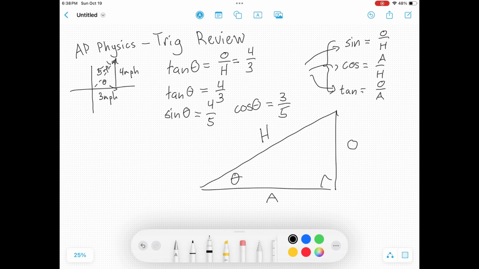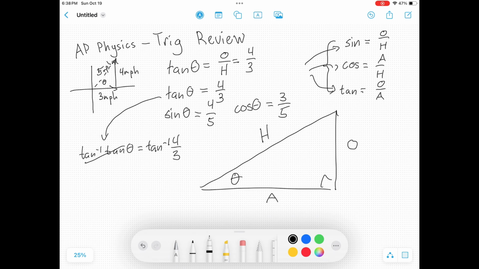So using any of these 3 trig functions, how do we solve for theta? Well, what you're going to want to do is take the inverse trig functions. So, pulling this formula down here, you're going to want to take the inverse tangent, or arctangent, of both sides, like this. Remember, if we're doing it to both sides of the equation, it'll still hold true.